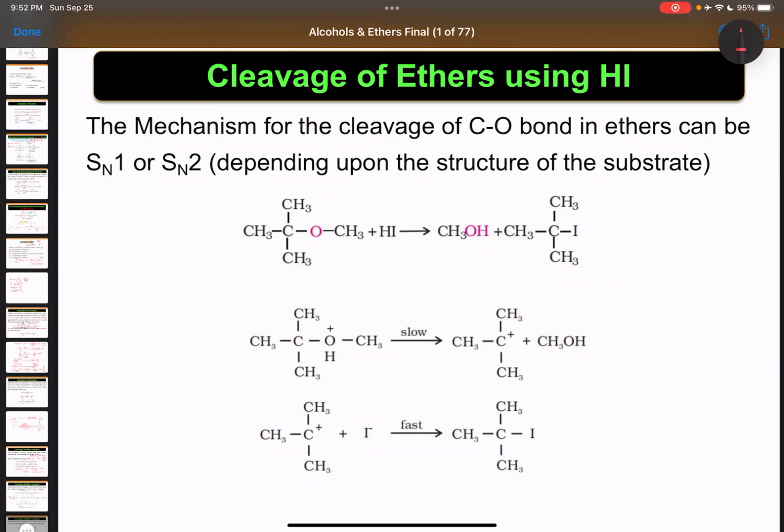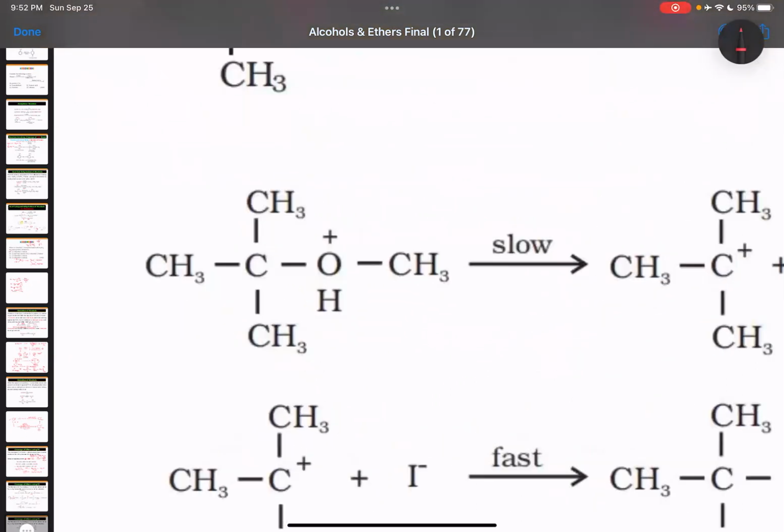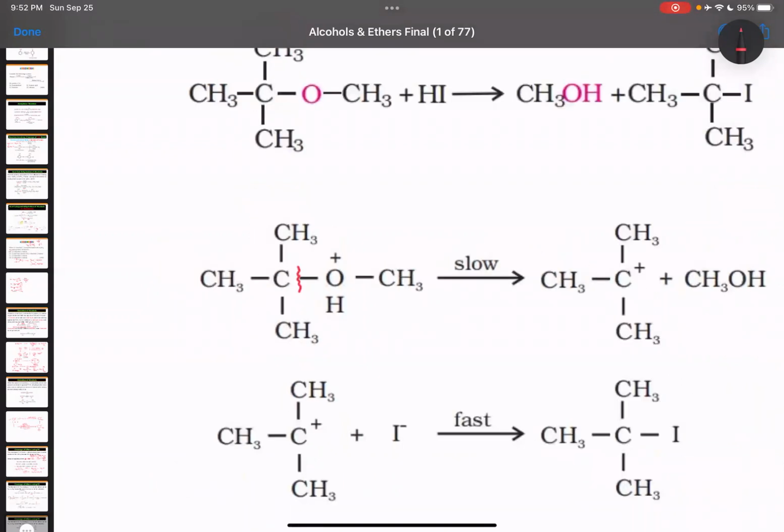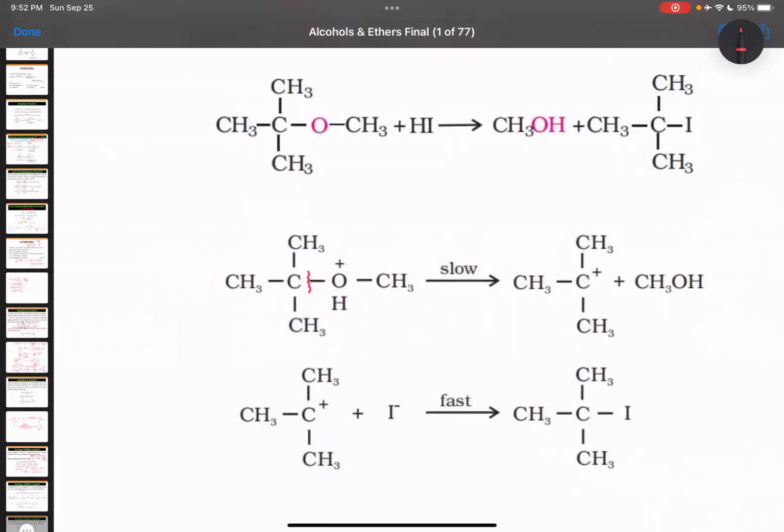Here also the O got protonated, but in this case the cation formed very easily. And where did it form? On the tertiary carbon. So the other group departed with oxygen, and the I minus attacked on the tertiary carbon.